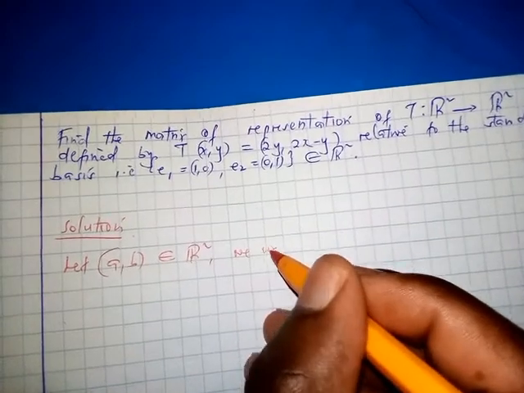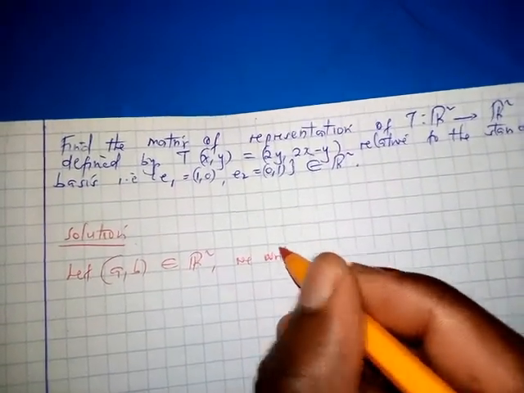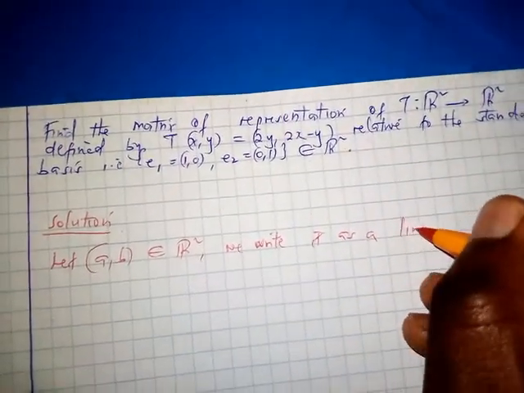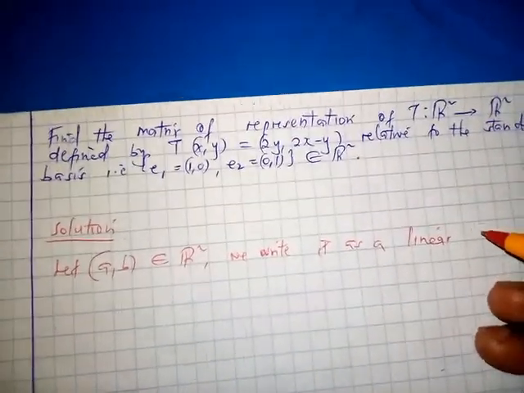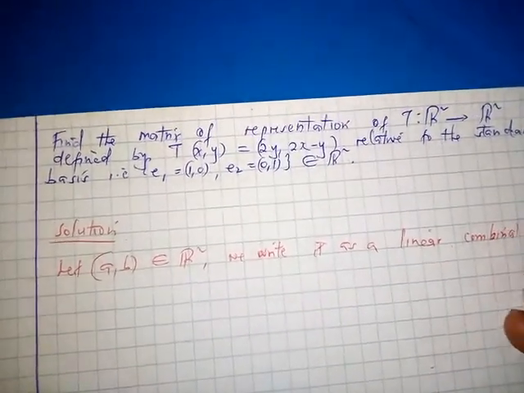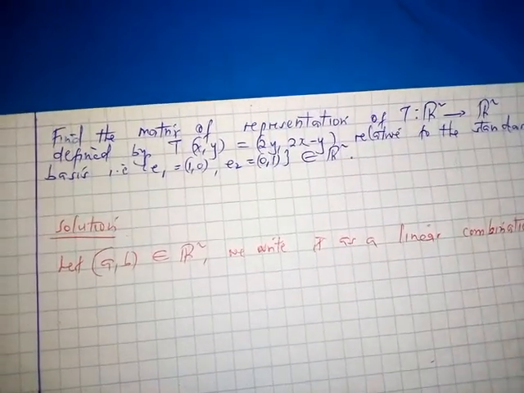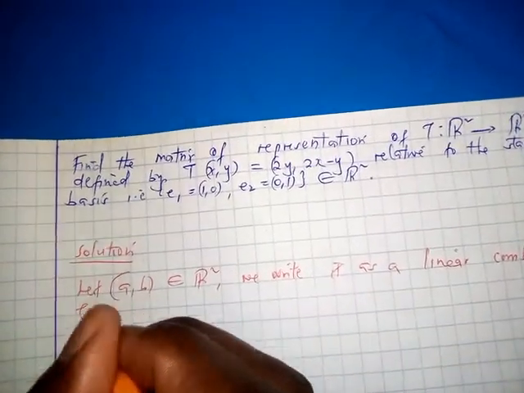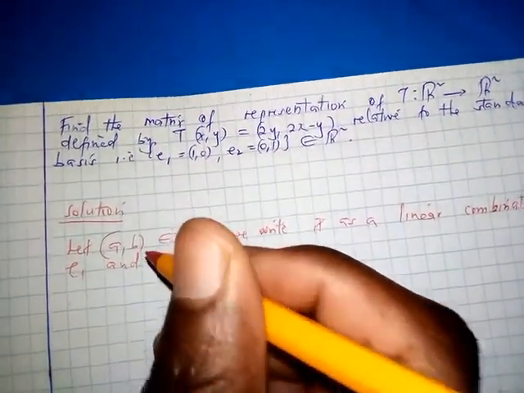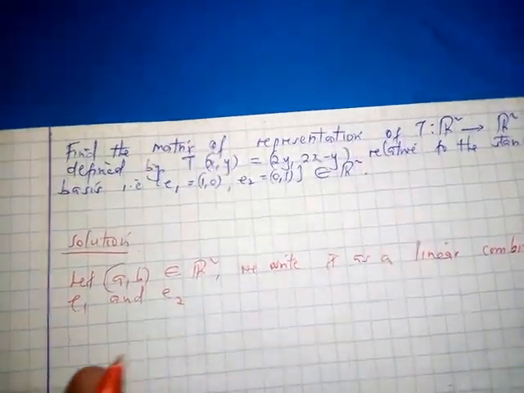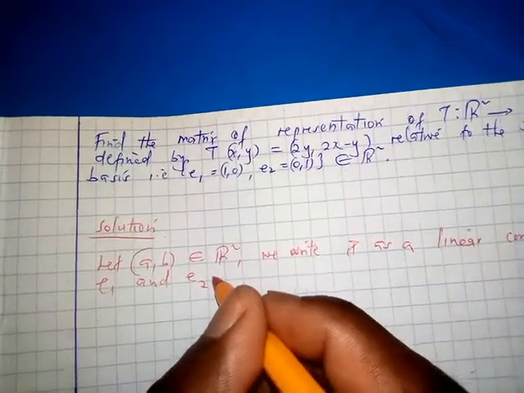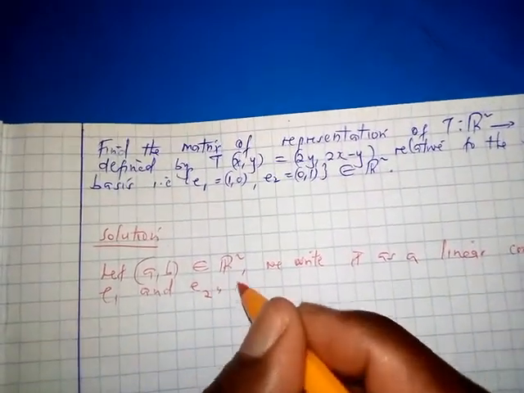We write it as a linear combination of E1 and E2. That is (a, b).